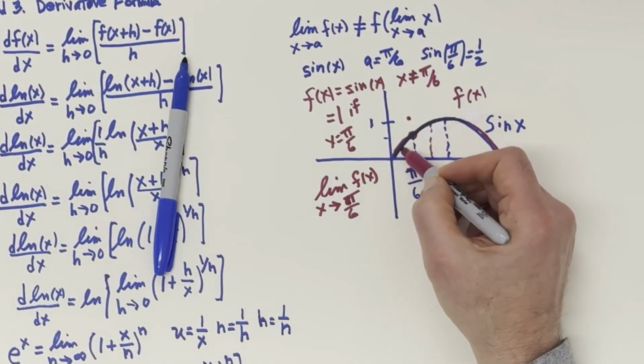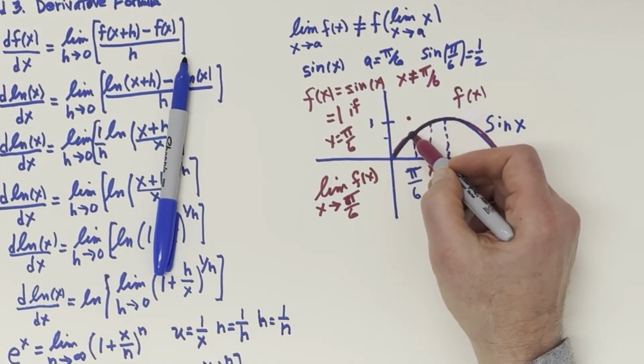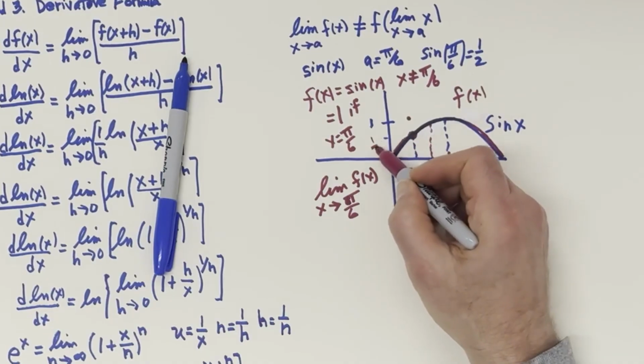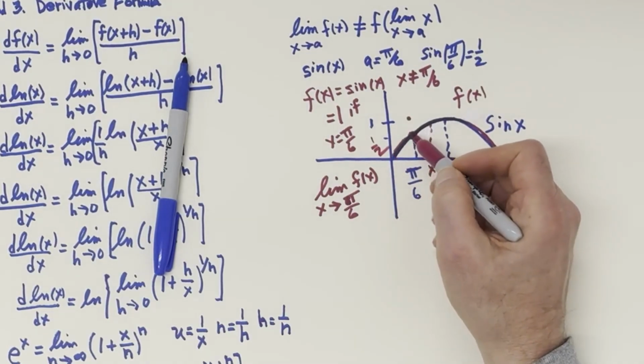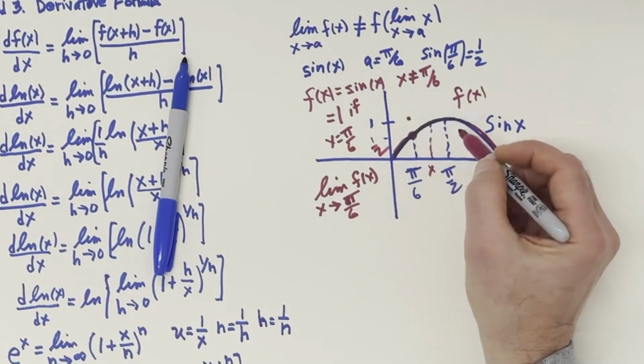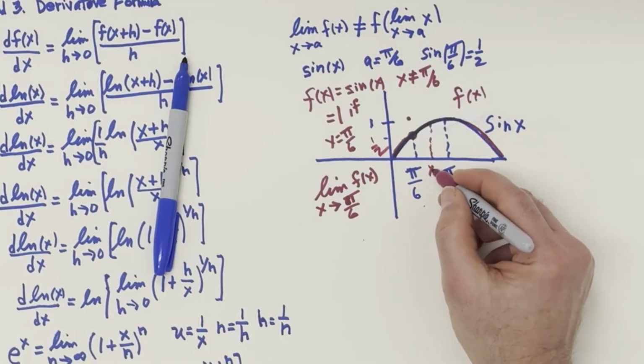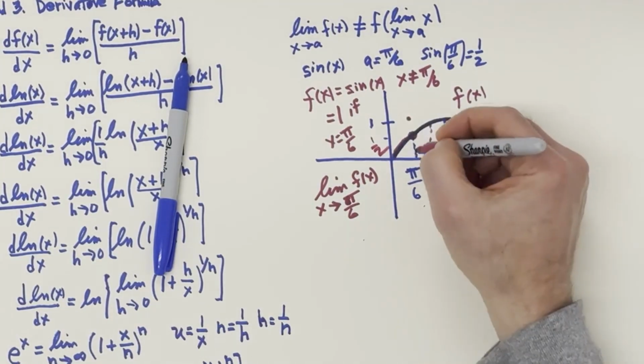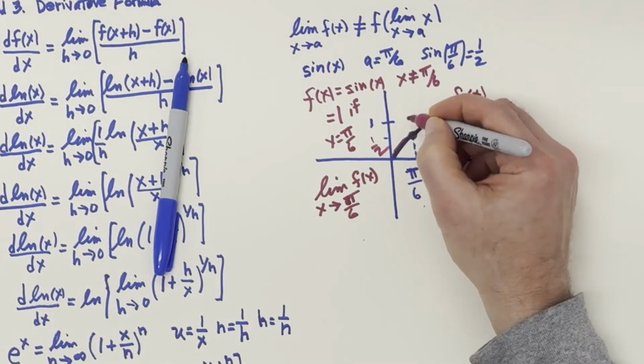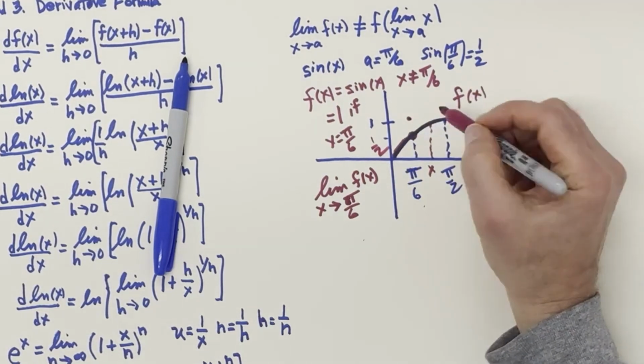Or if I go the other way, I slide up here, and the limit is going to be 1/2. There's a gap there, but that's the limit. However, if I first let x slide to pi over 6 and then put it in the function, I get 1. So you might say, well, this is crazy.